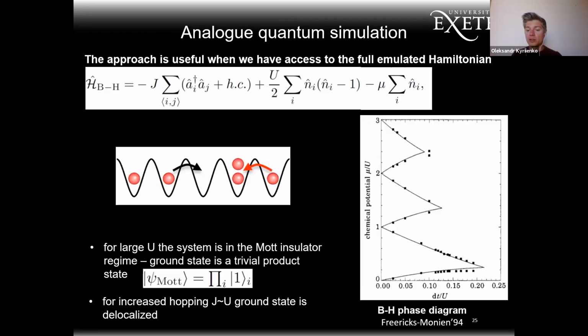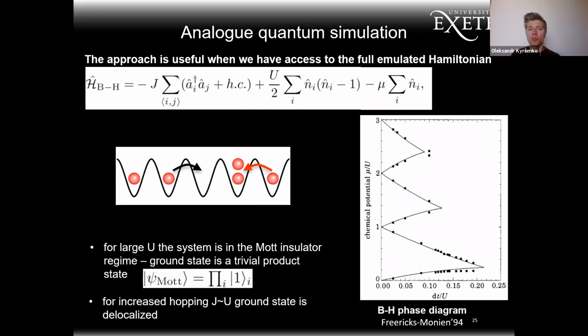You can study the phase diagram of the Bose-Hubbard model, and you will see what's called the Mott insulator to superfluid transition. And it's very simple. If U is very large, you are in the hardcore boson limit, because you can only have one boson at each site if you have a spinless system.